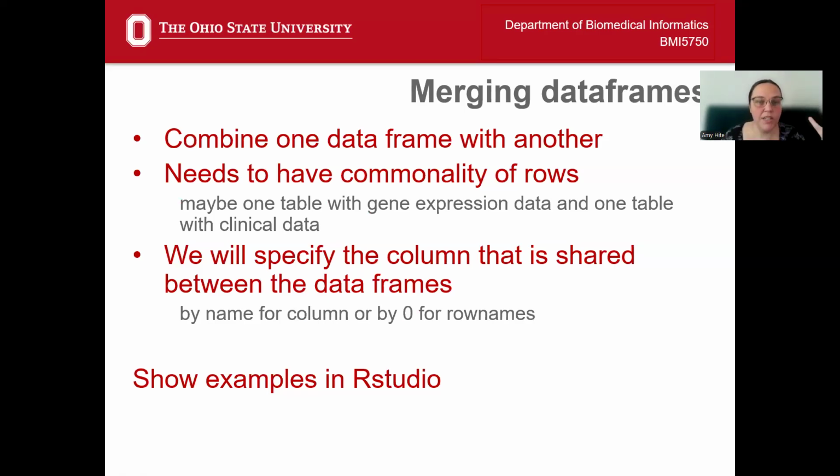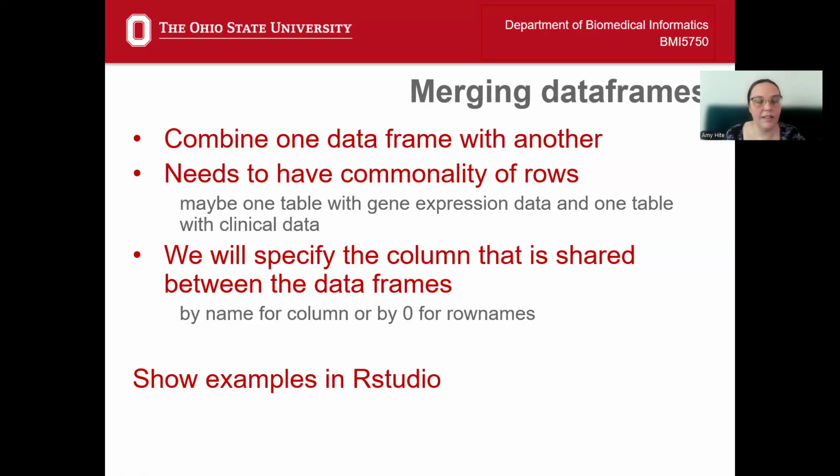This is when you want to combine one data frame with another data frame, and you know they match up by one column. You will specify it. The column name in one data set will mostly equal the column name in another data set.